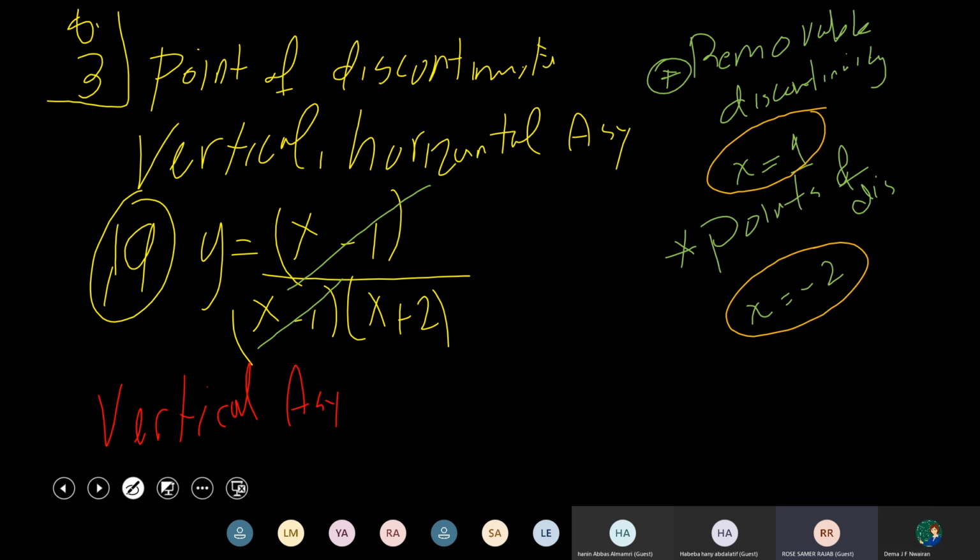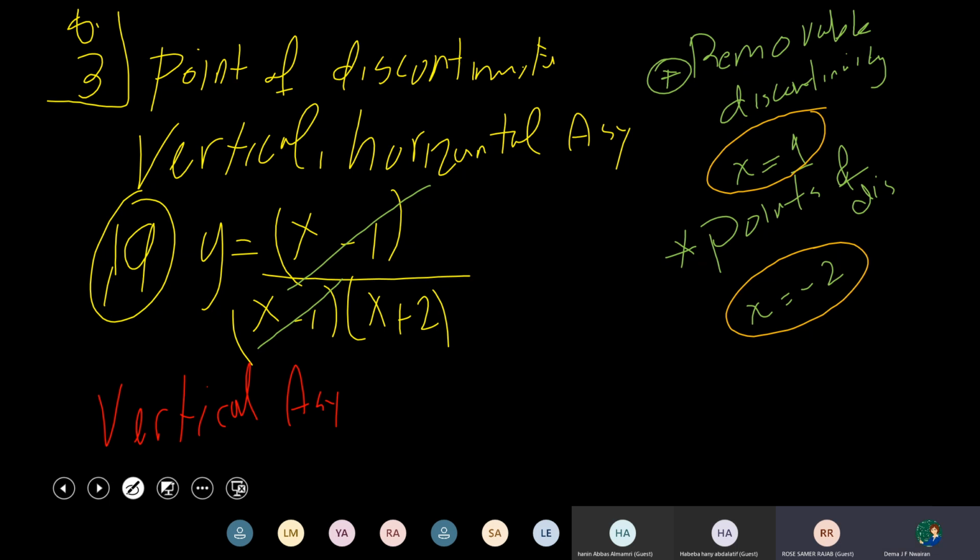The power of the numerator is m, and the power of the denominator is n. If m is less than n, we can say x equal negative 2 is the vertical asymptote. But it is not x equal 1 because it is a removable discontinuity.